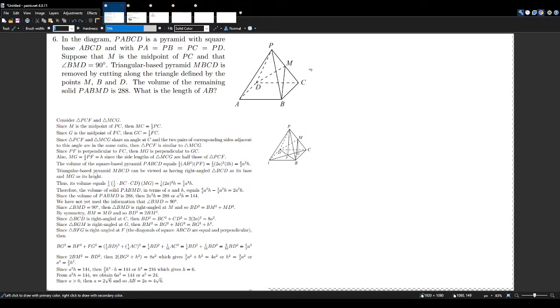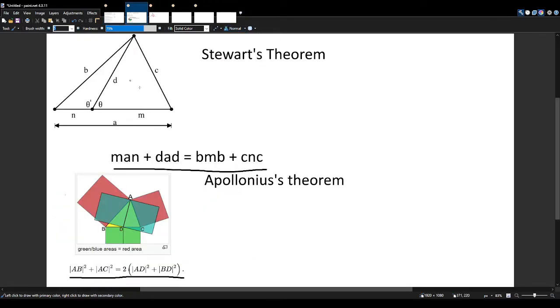So I'm gonna show you how you could use Stewart's theorem on triangle PCB and find a relation between this length and this length using Stewart's theorem.